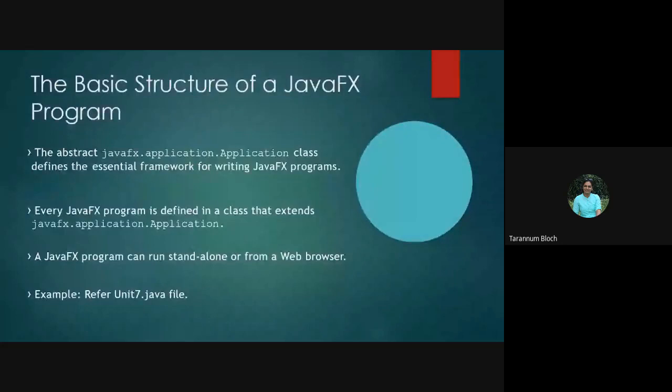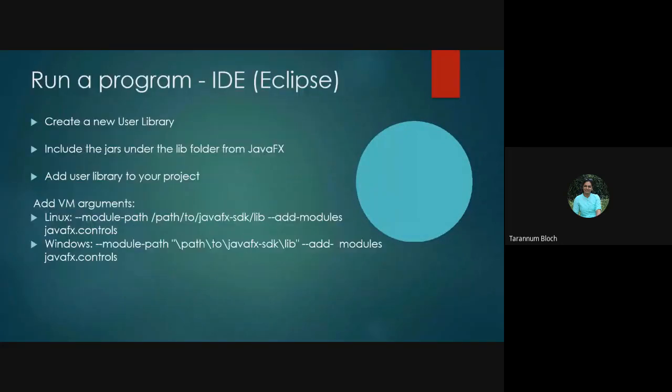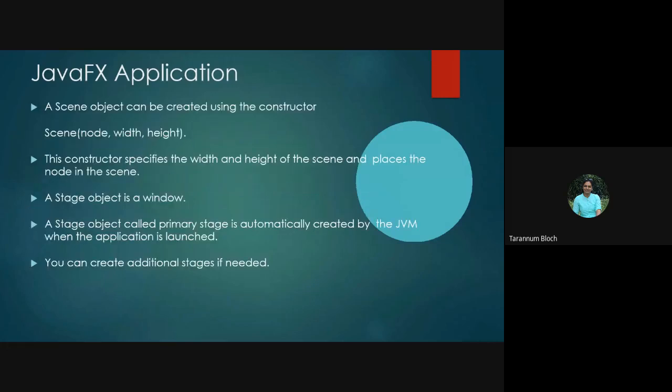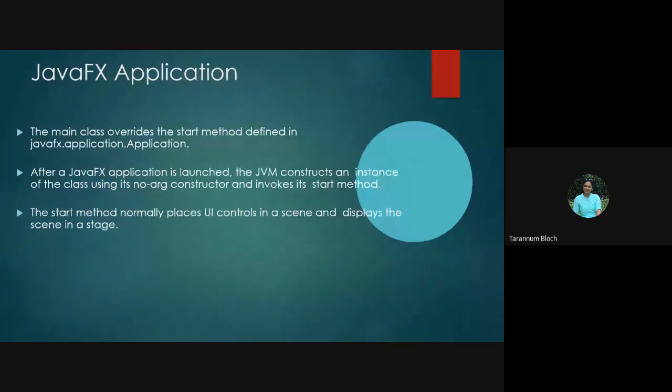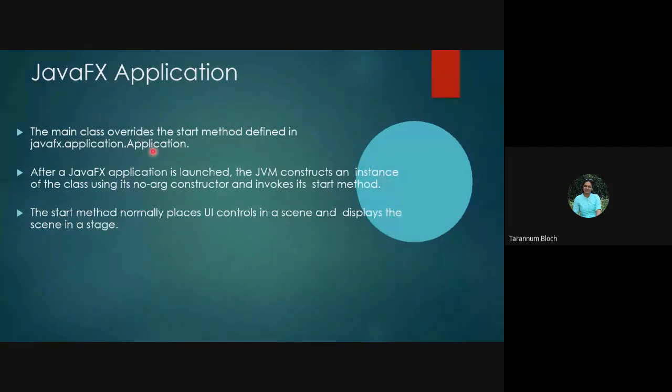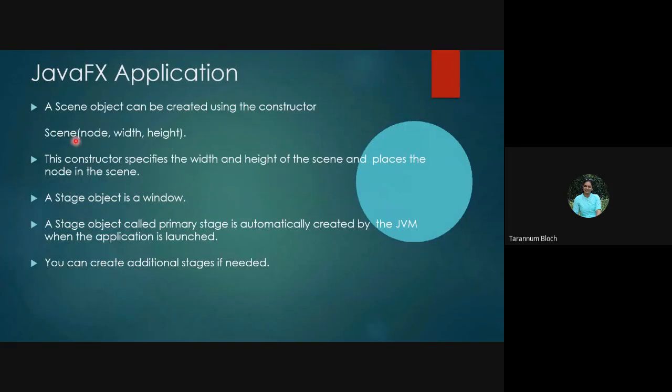And then we discussed the basic structure of a Java FX program, and how we can run a Java FX application. Along with that, we discussed that there is a class named Application, and with the Application class we will have a certain scene setup, and we'll add a node in it, right?